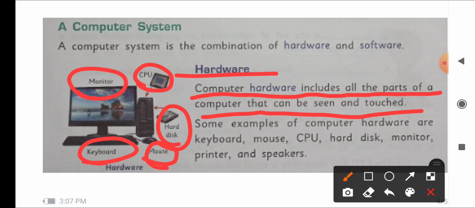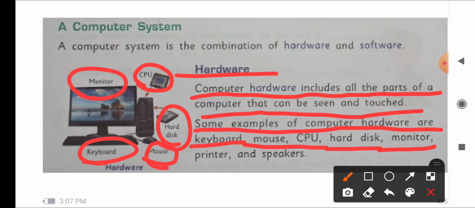See the examples here also. Some examples of computer hardware are keyboard, mouse, CPU, hard disk, monitor, printer, and speakers. Whatever parts in a computer system you can see and touch are called hardware.